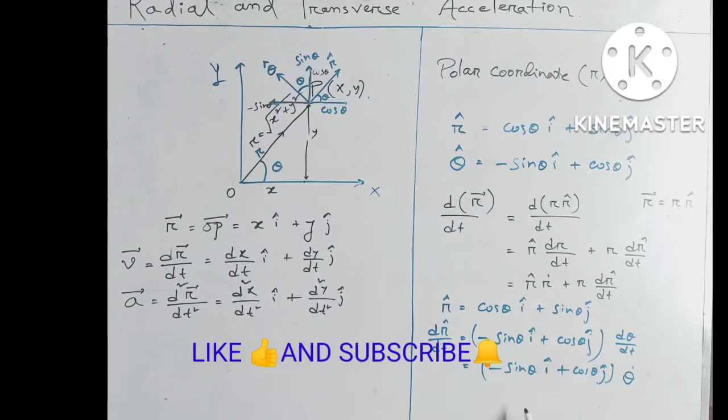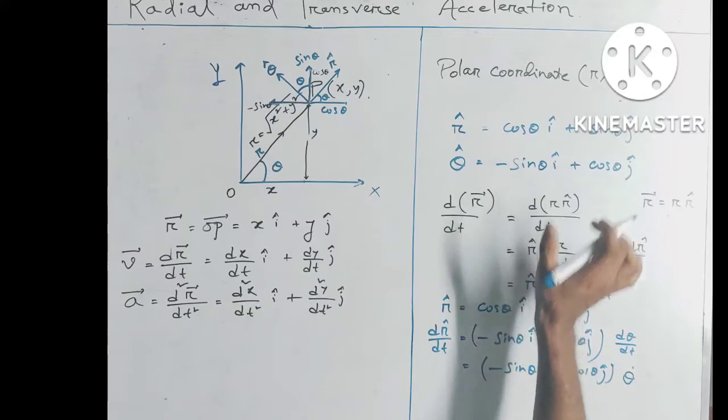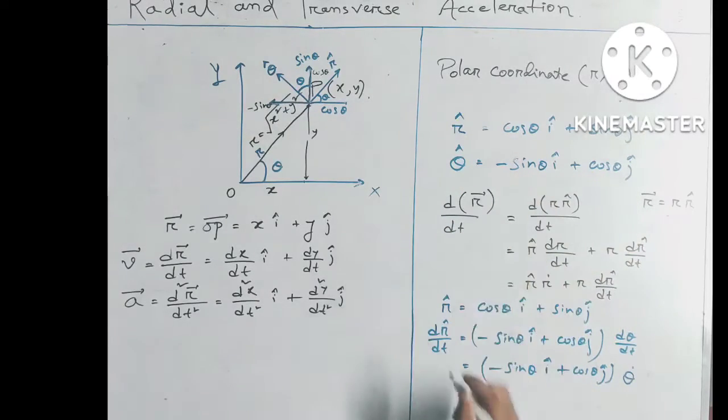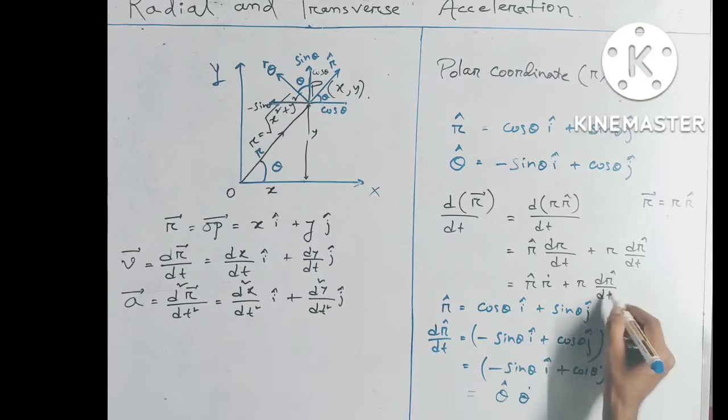Now you can compare that this term is theta cap. So you can write it like that: theta cap theta dot. So we can put this value in this equation.